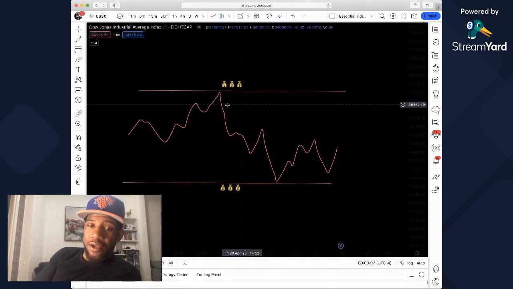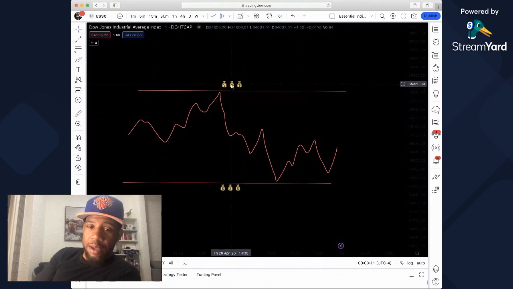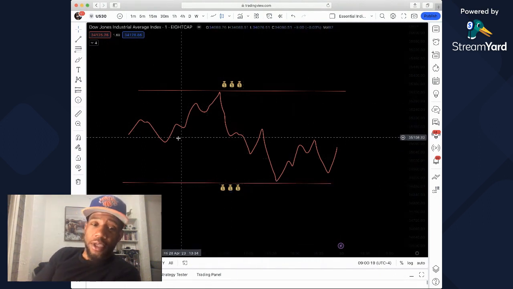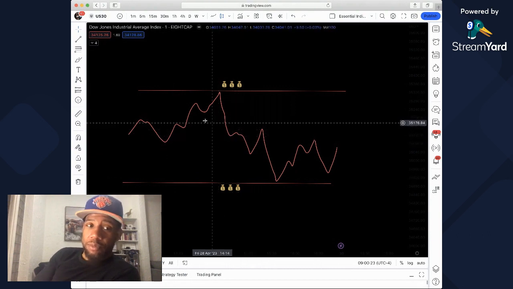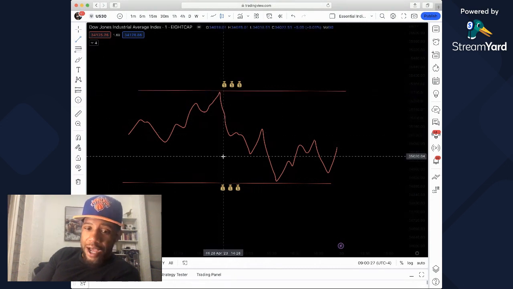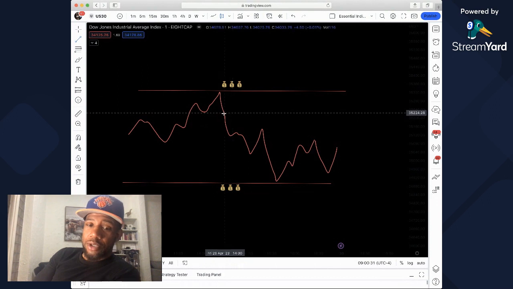So right here, this is a line chart that I've drawn, and at the top and bottom, we have some resting liquidity. But let's not forget that you have liquidity elsewhere as well, at least beforehand. Just because you have a high and a low doesn't mean there's no liquidity sitting in between.